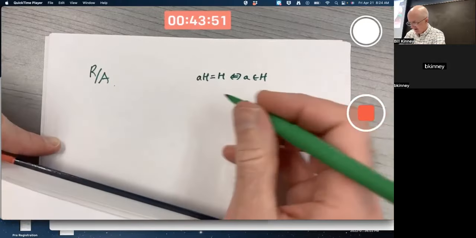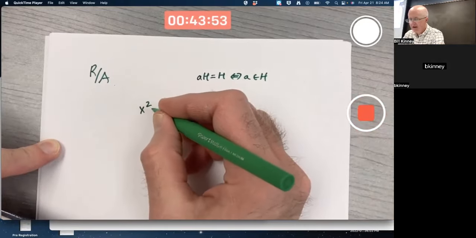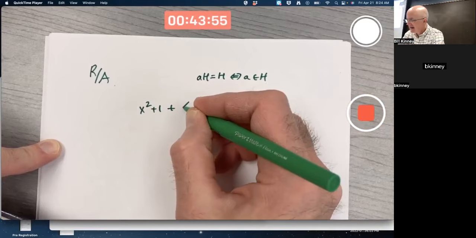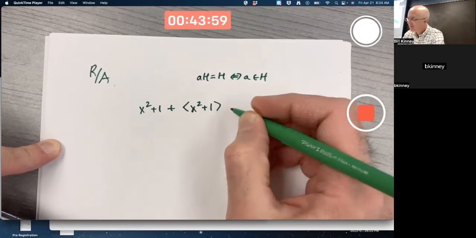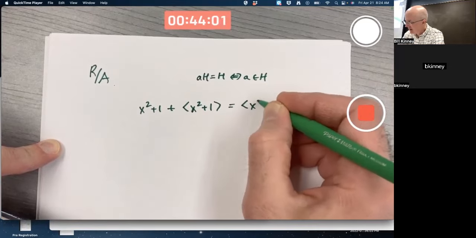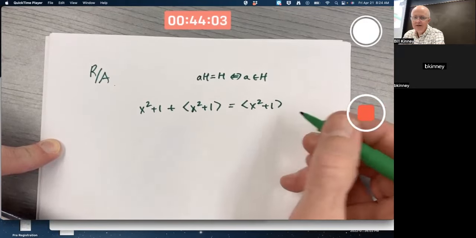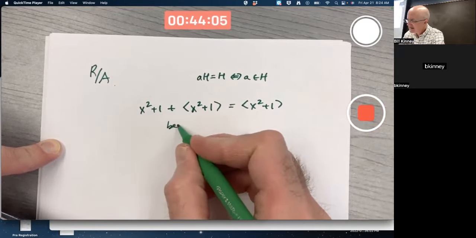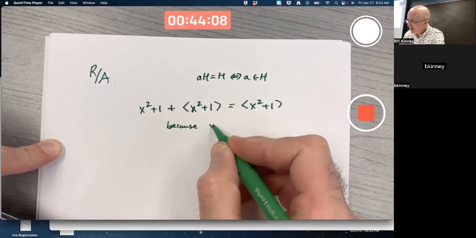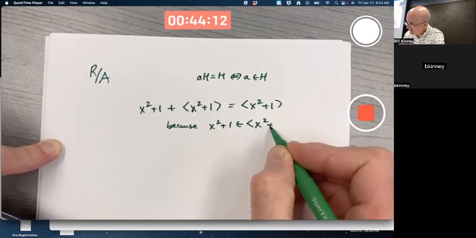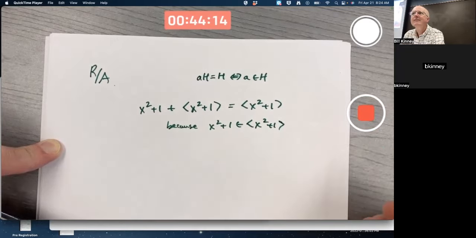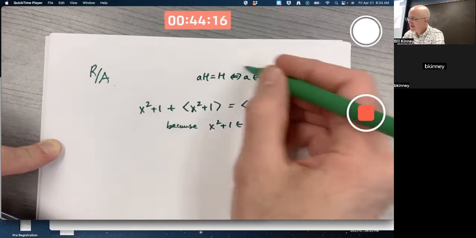That's all that's going on here. X squared plus 1 plus the principal ideal generated by x squared plus 1 equals the principal ideal generated by x squared plus 1, because x squared plus 1 is in the principal ideal generated by x squared plus 1. That's why. That's essentially this property.